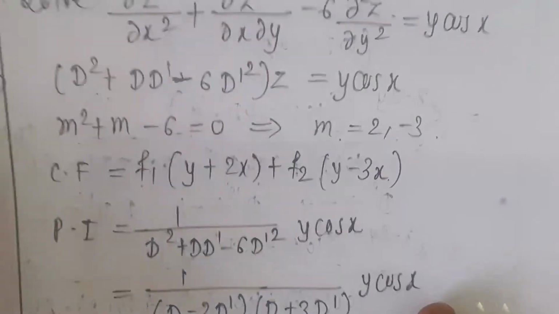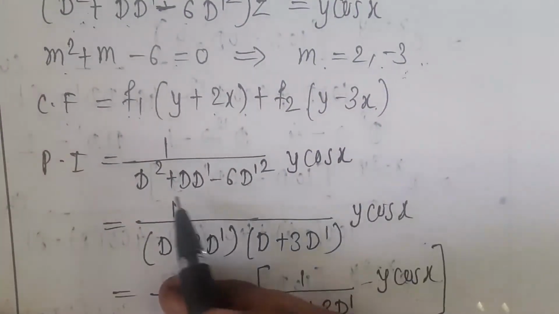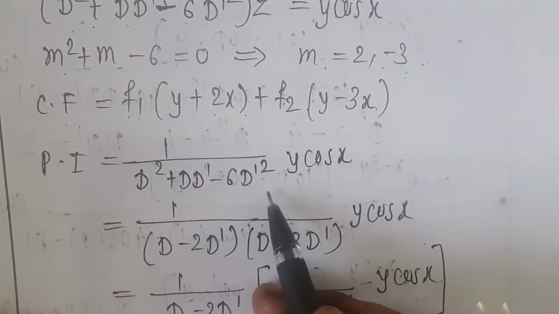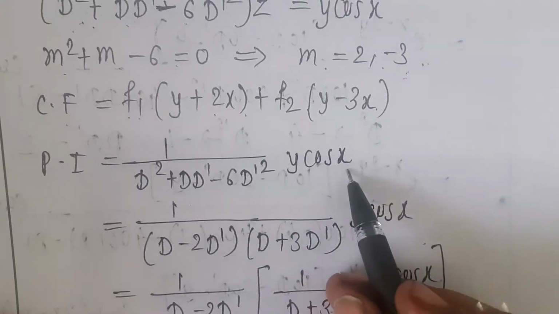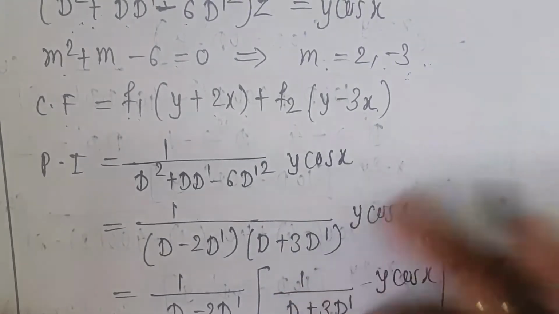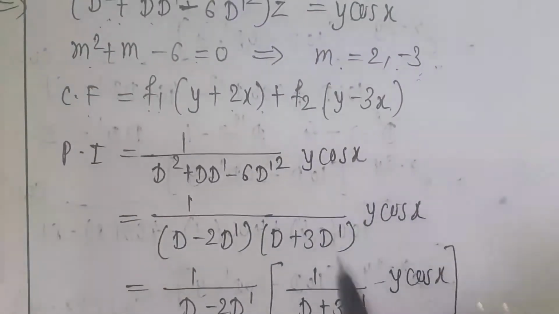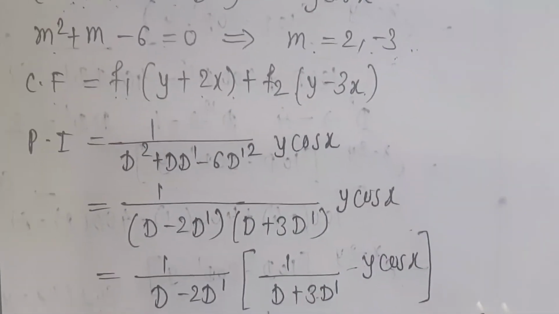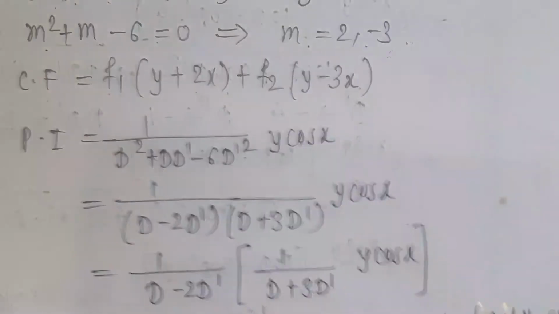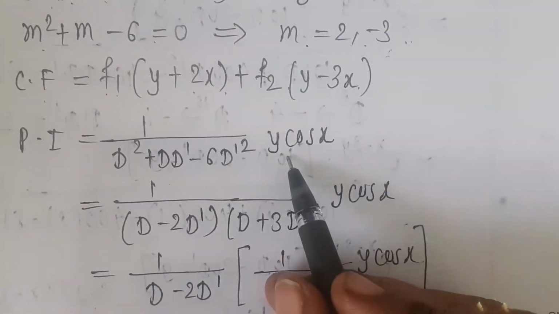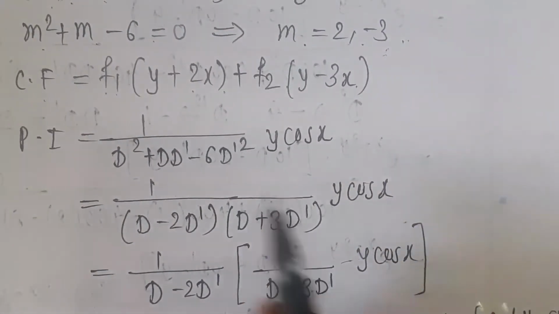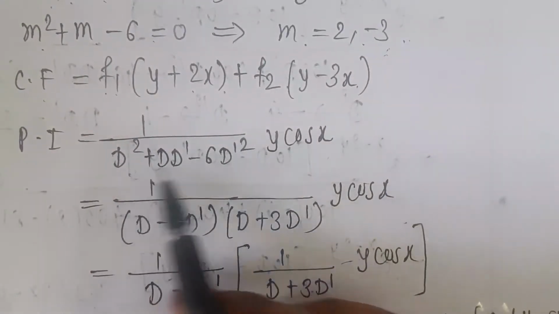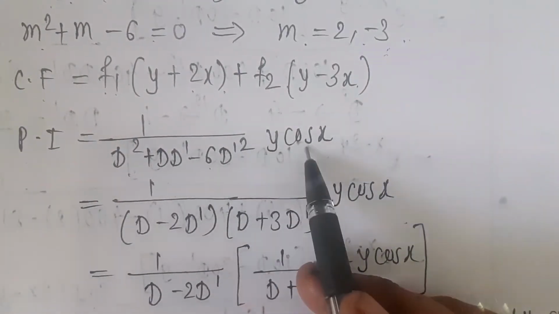Now the particular integral is 1/(D² + DD' − 6D'²) of y cos x. Now for y cos x we don't have any case. We have exponential into trigonometric or exponential into polynomial cases, but we don't have y into cos x. So what we are doing here is using the general method. General method means find the factors of this and operate them one by one over this function.